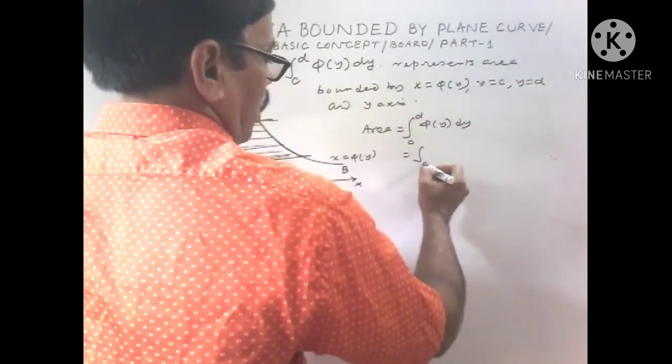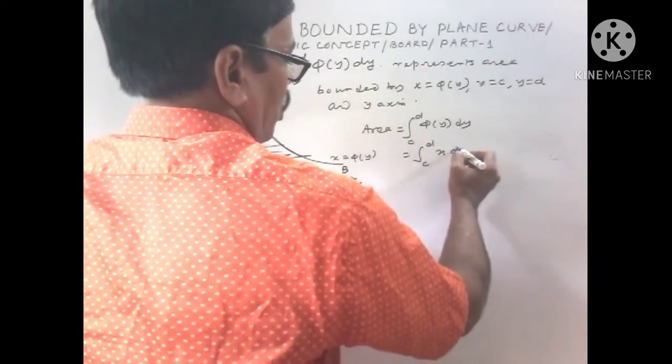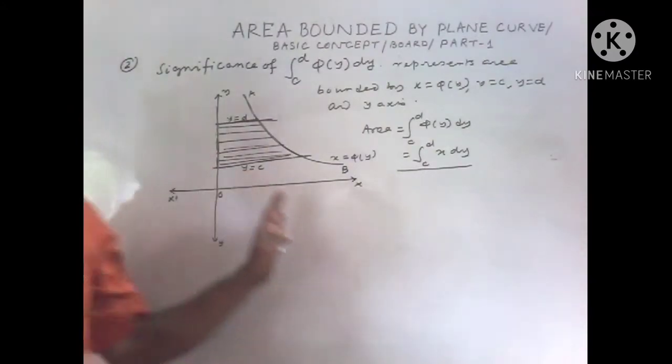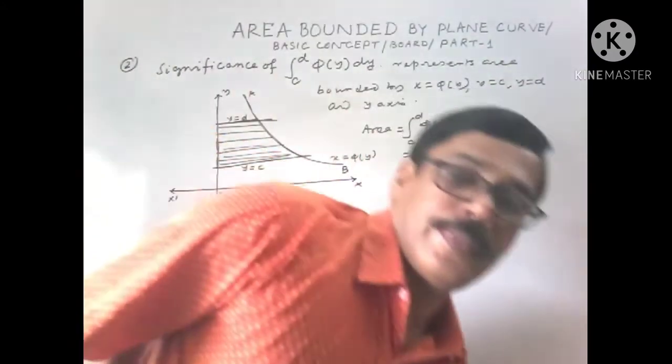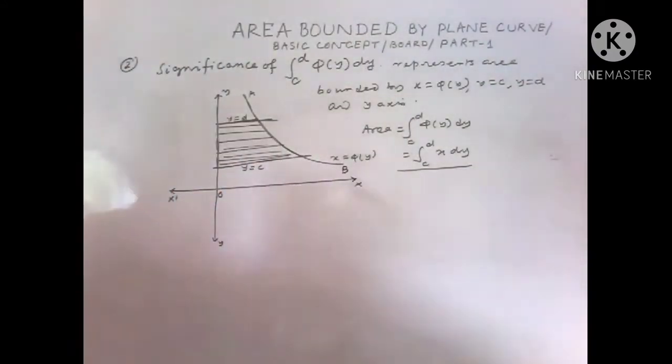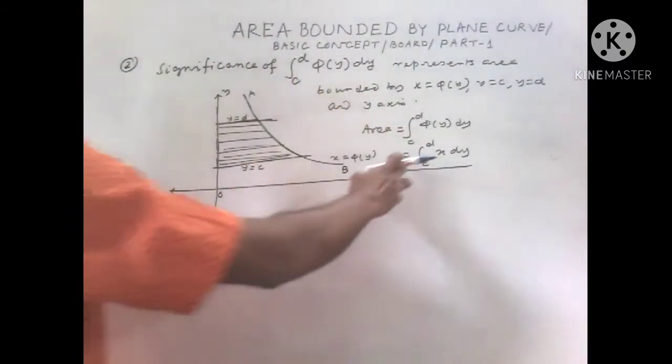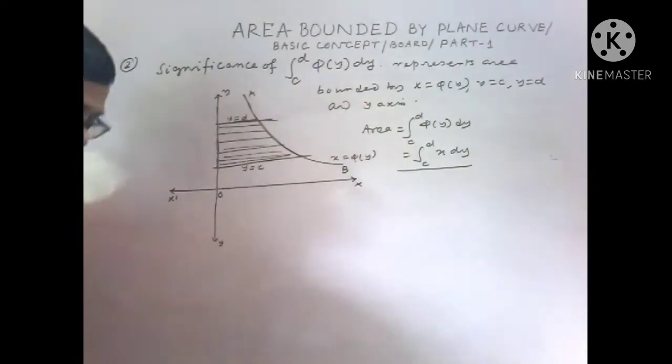So what is phi y? It is x. So this is the formula for area bounded by the y-axis: the integral from c to d of x dy.